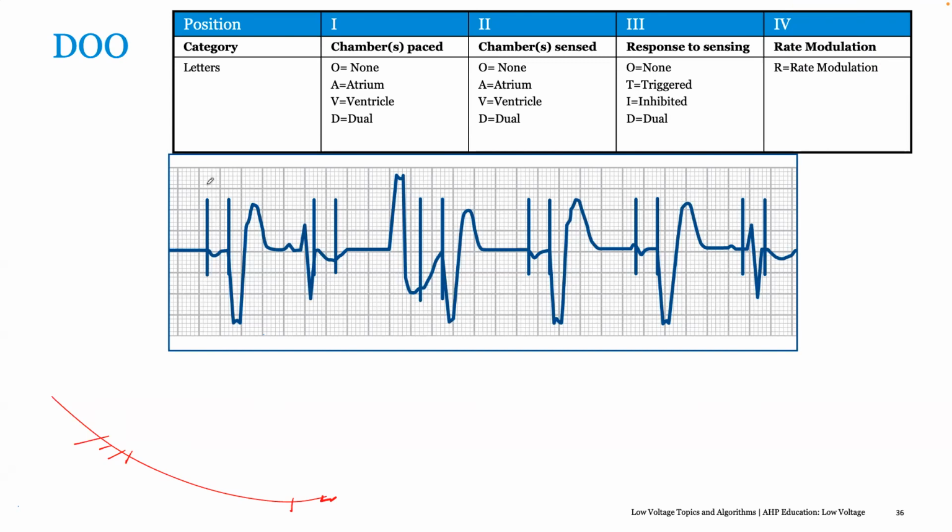I sent you an EKG. If you can look at it, the history is the patient had this intermittent AV block, a second-degree heart block. So we put a dual chamber pacemaker in the patient.